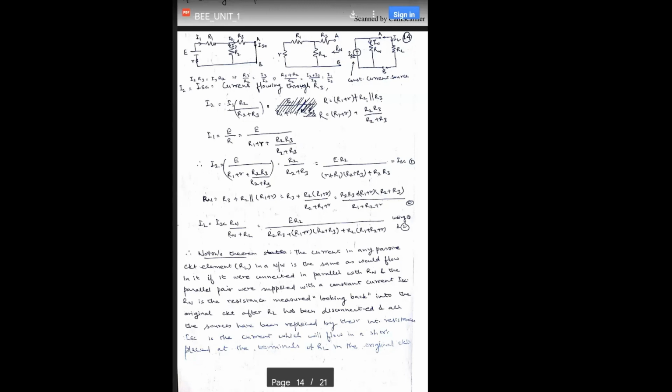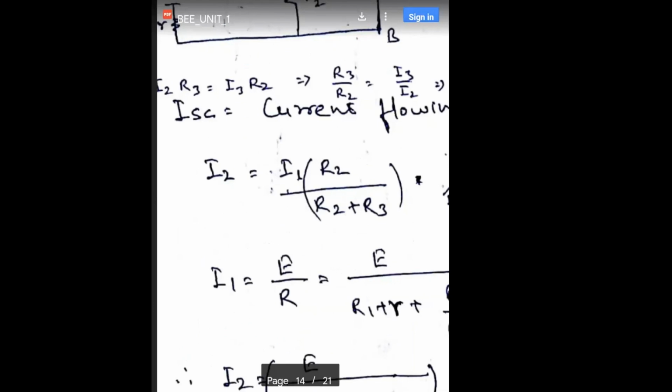So here EMF source is there and I1 current is flowing and the node comes, and in this node the current division will take place. So I2 R3 is equal to I3 R2. Okay, now this is the same derivation, the same which I have just derived for you before the beginning of this.